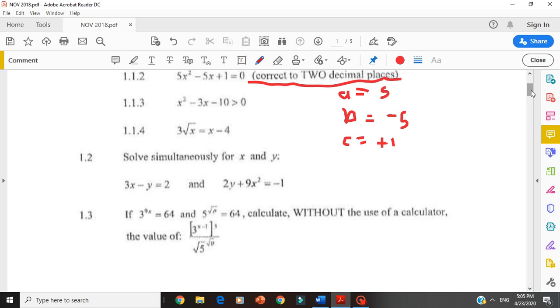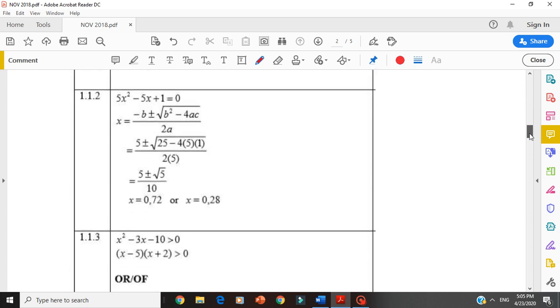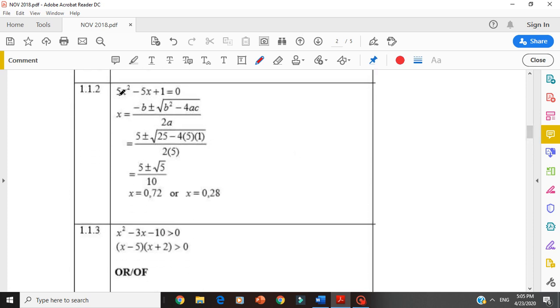Now you'll substitute these respective coefficients into your quadratic formula like so. So here your a is 5, your b is minus 5, and your c is plus 1. Doing the appropriate substitution will give you 1 mark. Simplifying that out will get you another mark. And if they say to 2 decimal places, then you will put x equals 0.72 and x equals 0.28. But if they say leave it in surd form, then you will leave it as this answer here.